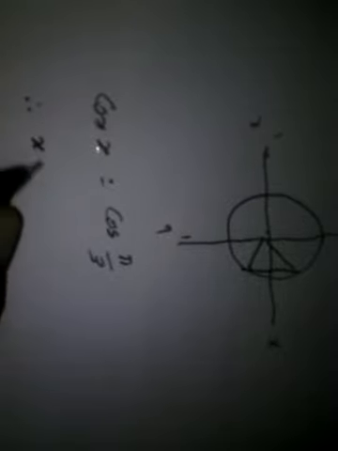This is in the first quadrant, hence x is equal to pi by 3. So this is the value of x.